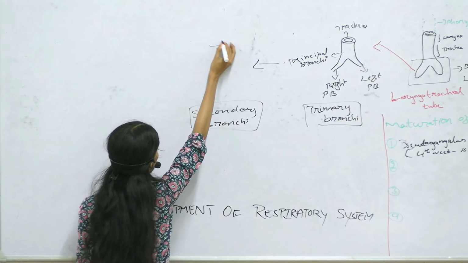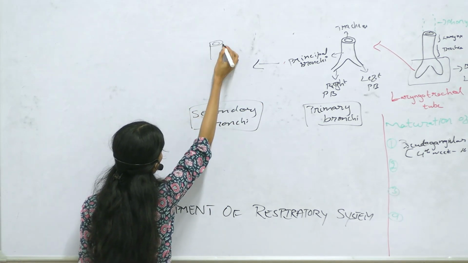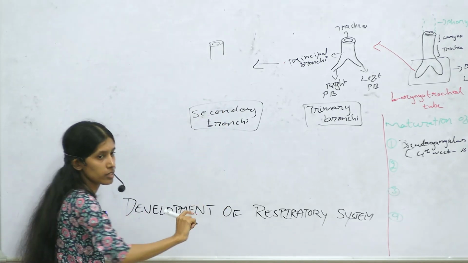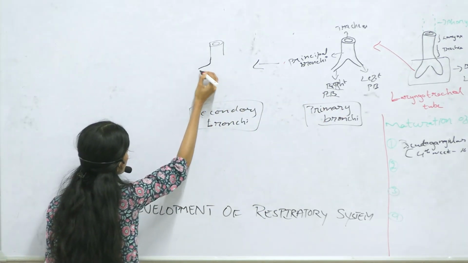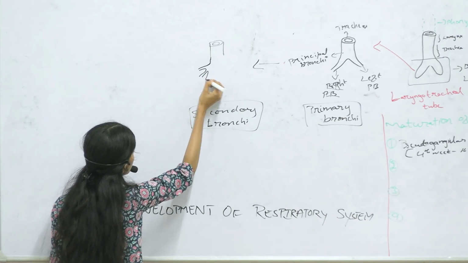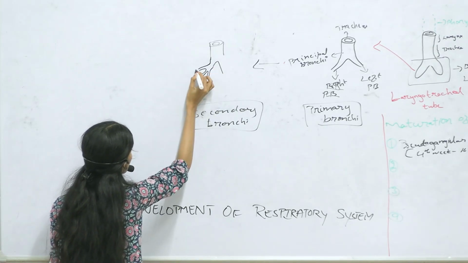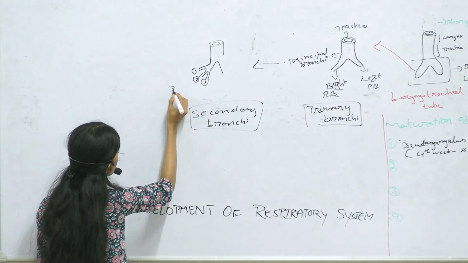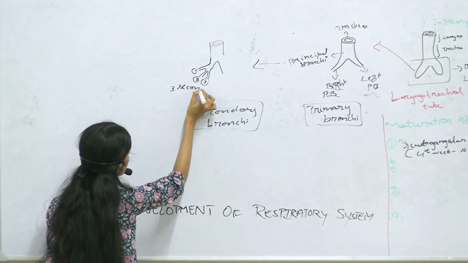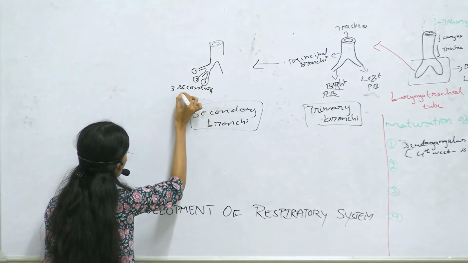Okay. We have trachea followed by principal bronchus. From the right principal bronchus, we can see the formation of 1, 2 and 3. 3 secondary bronchi.